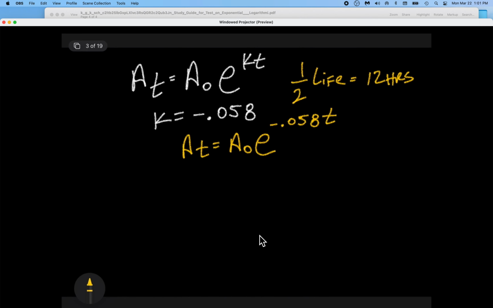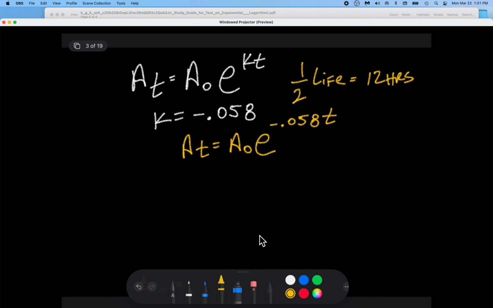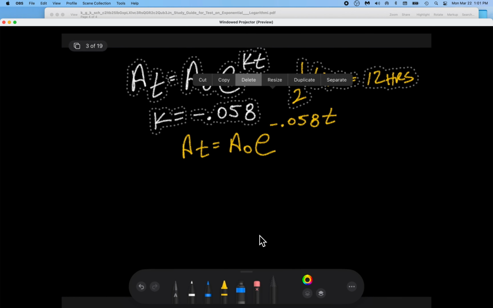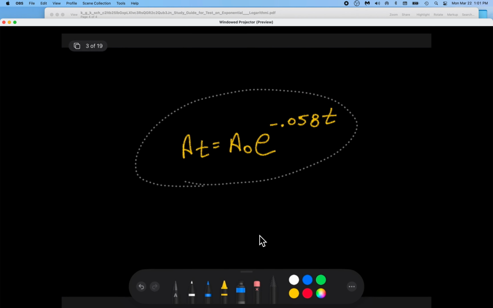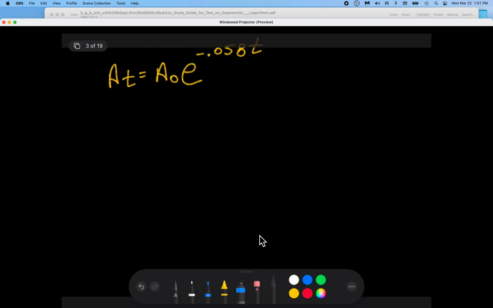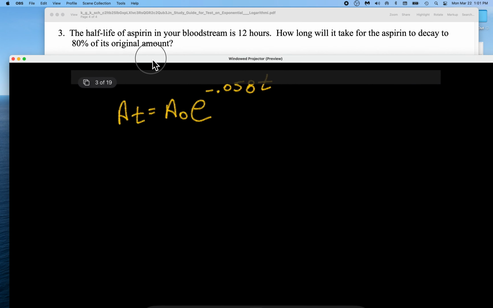Okay, now we are ready. So let's get rid of everything else but that model equation. We use that very powerful phrase that the half-life was 12 hours. We appreciate all that information that gave us. It allowed us to get this equation. Okay, what do they want to know? I can't even remember what they wanted to know because I know whatever it is, I can handle it.